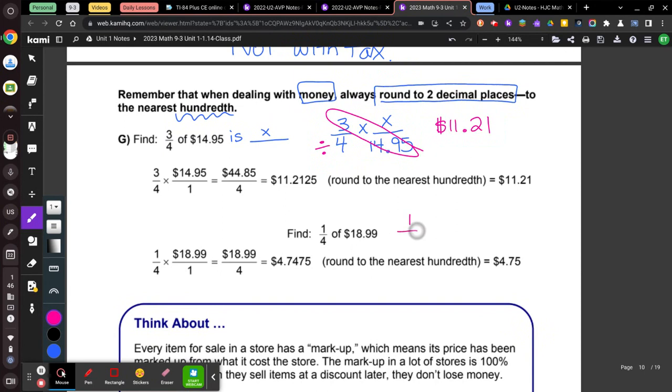So we would have 1/4 equals x over 18.99. Cross multiply, then divide. We're going to find x is exactly $4.75.